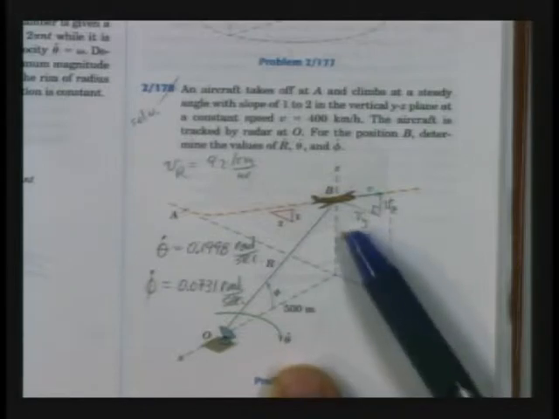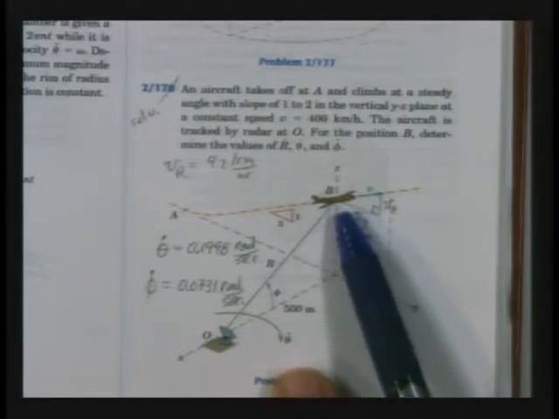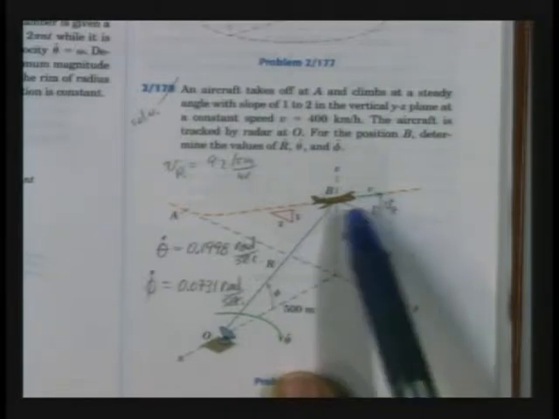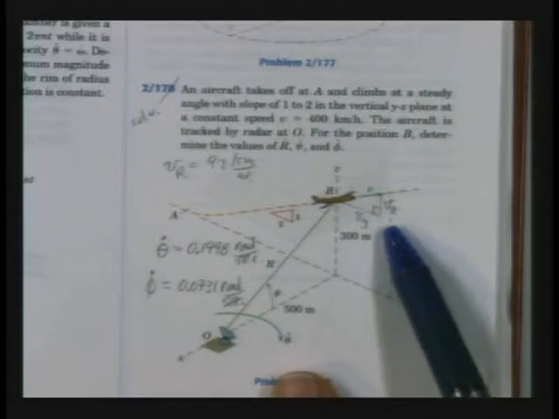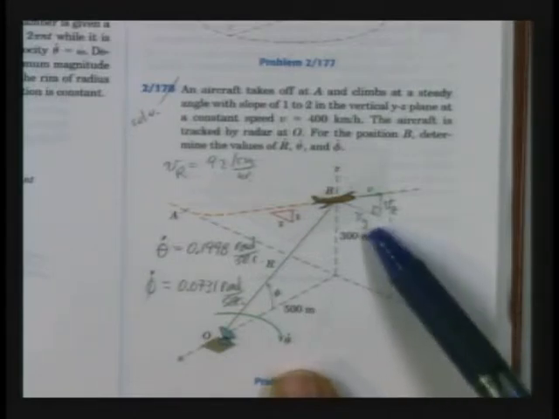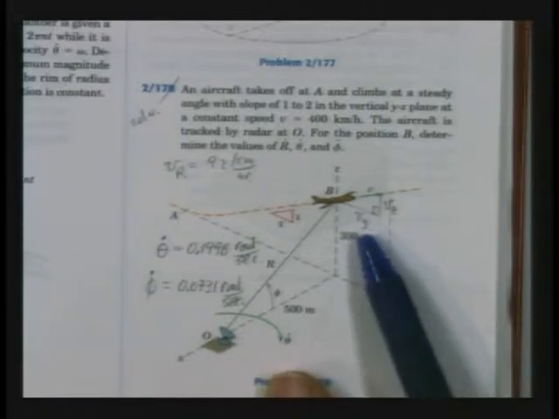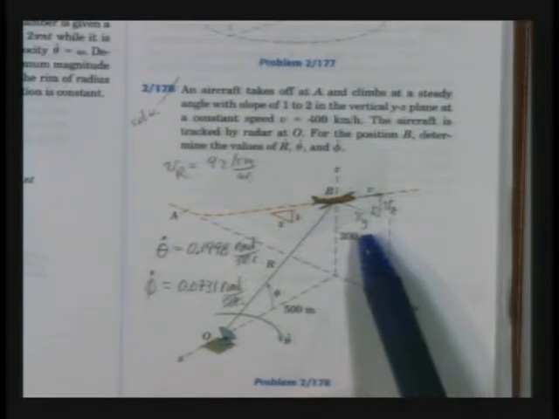And then also, here's a key to being able to work this out. You need to decompose the plane speed v into a component in the y direction, v sub y. You have to get that component. That v sub y component is going to contribute to what term in your spherical coordinate system for your velocity?